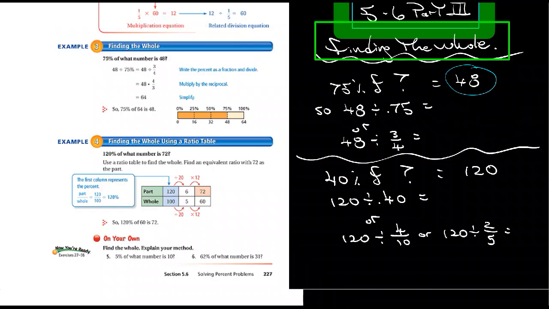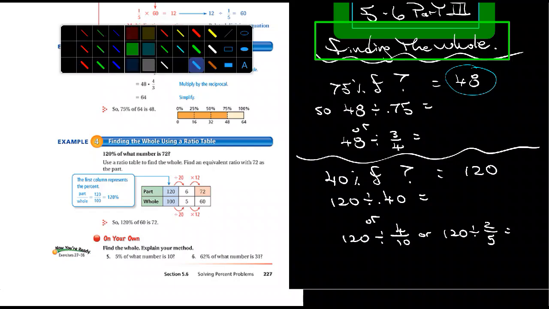But for now, I'm not going to worry about that. I just want you guys to know that there are 2 ways to solve it. One is you could take 48 and divide it by 0.75, or you could take 48 and divide it by 3/4. Either way, you're going to get the same answer.